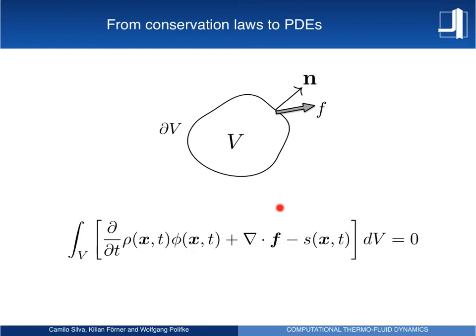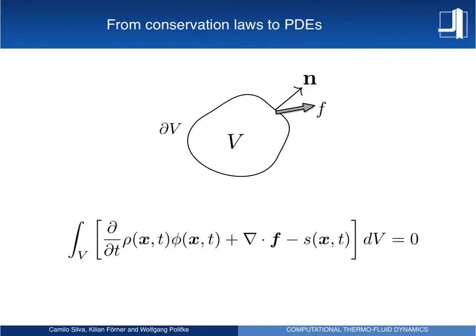So now we just factorize and we make a mental experiment in which you shrink this control volume as much as possible, so that at the end we consider only one differential delta V. In order for this to be conserved, it is necessary that this quantity here is going to be 0.